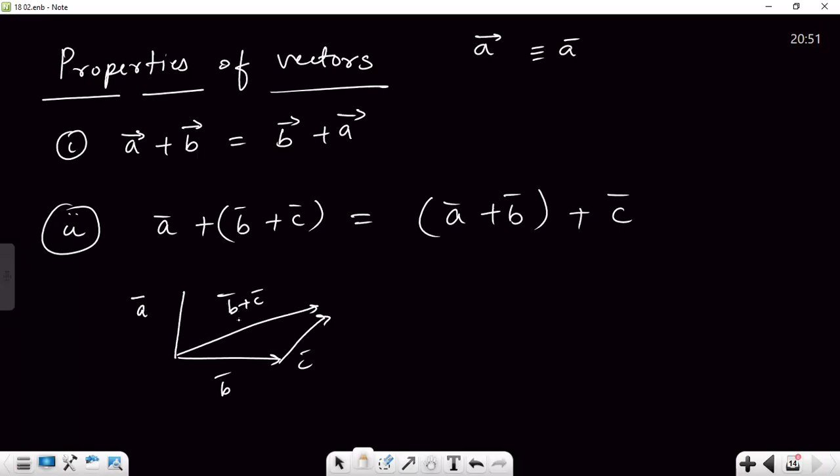So A vector is adding to B plus C vector. Then it will give the resultant vector, na?